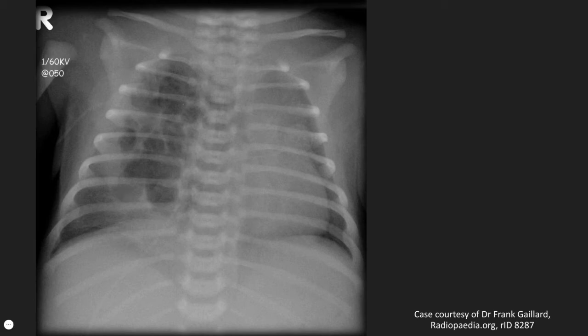This is the classic appearance of congenital pulmonary adenomatoid malformation, or CPAM. If this appearance was on the left side and more continuous with the diaphragm, we might consider congenital diaphragmatic hernia. Large congenital diaphragmatic hernias are rare on the right side due to the presence of the liver.